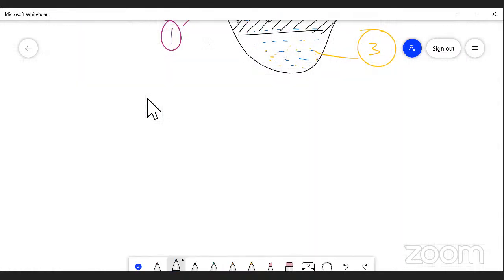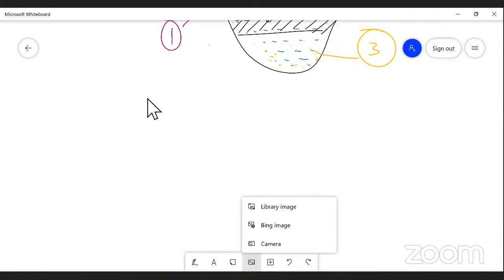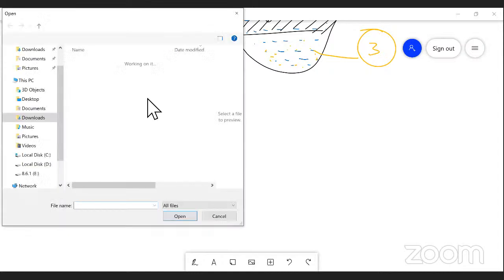Latitude and altitude. For that, I'm going to show you latitude and altitude.